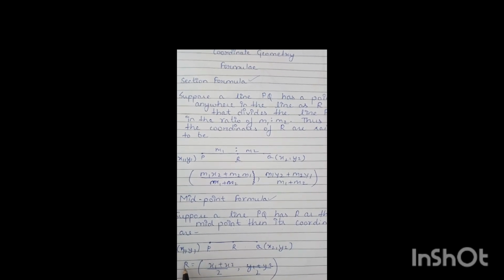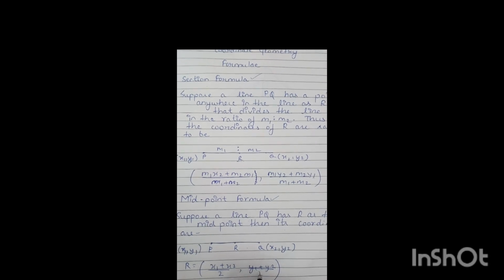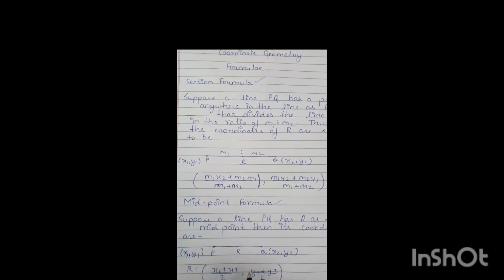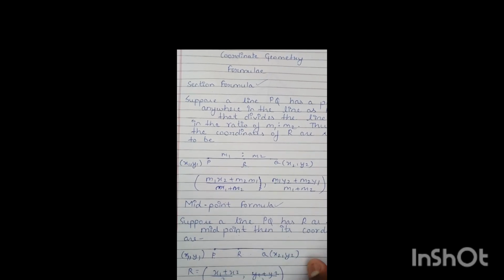So R is ((x1 + x2)/2, (y1 + y2)/2). (x1 + x2)/2 gives the x coordinate of the point R, and (y1 + y2)/2 gives the y coordinate of the point R.